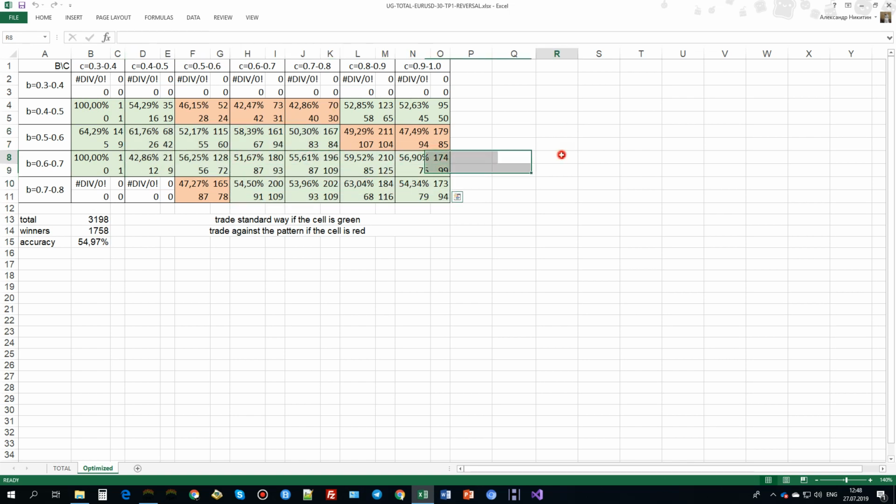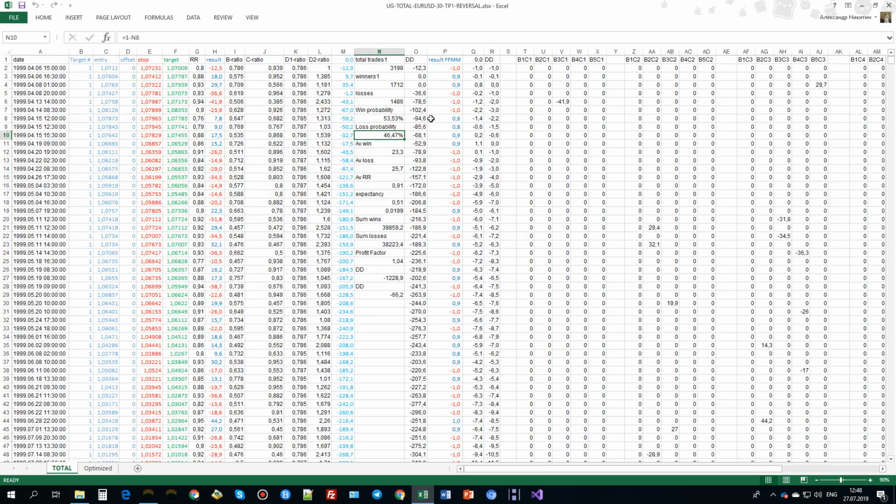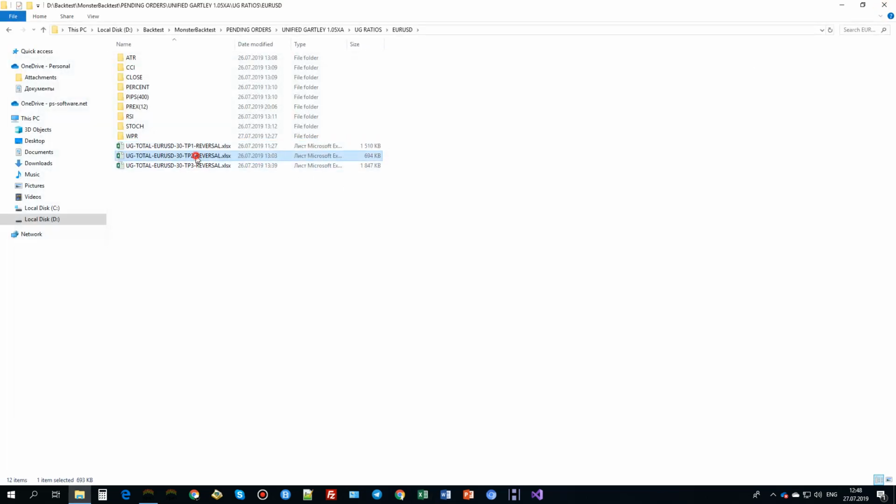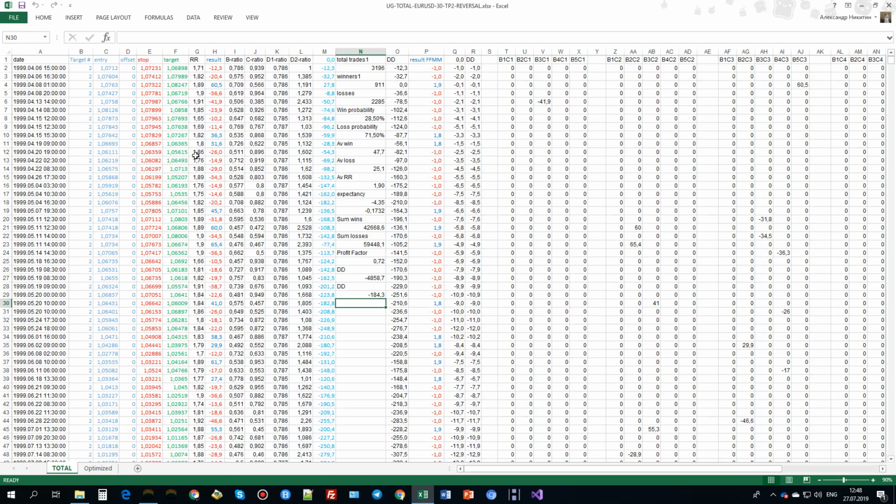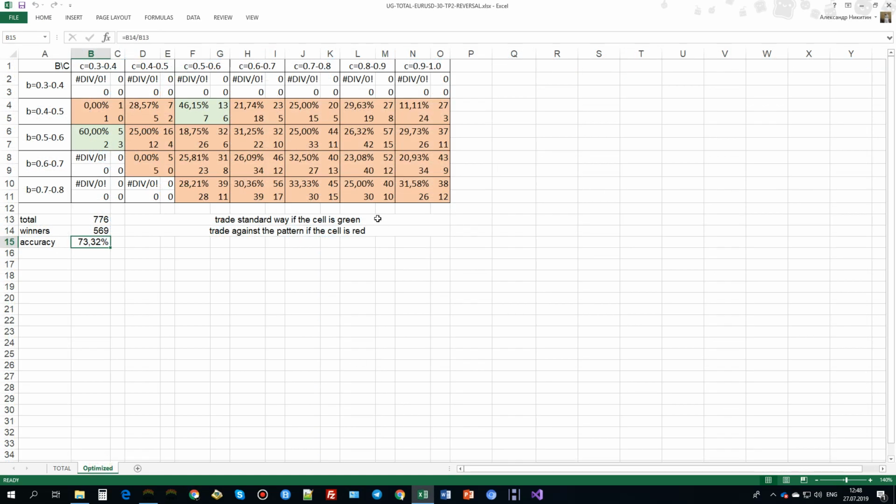This is Euro-dollar 30-minute. A bit different, and you see the overall statistical sample size is much greater, so the results become more reliable. I remind you that they are all algorithms compiled together. So this is the take profit 1, the take profit 2 goes this way.